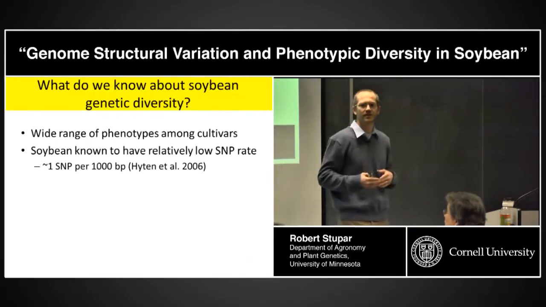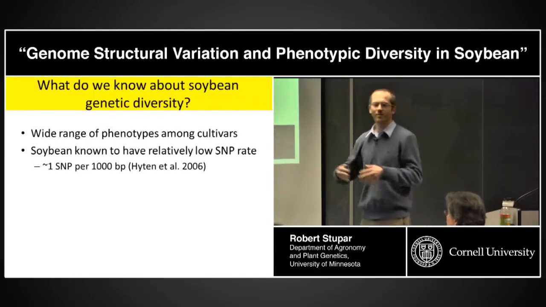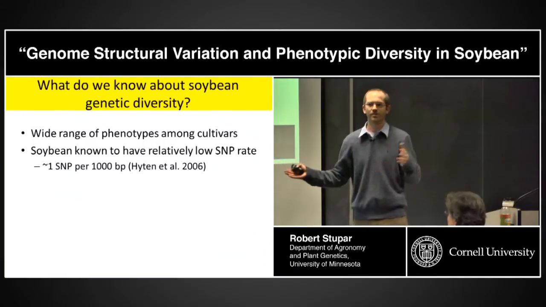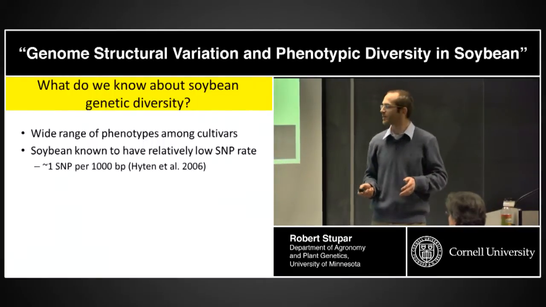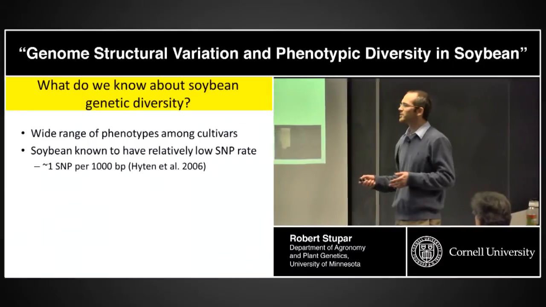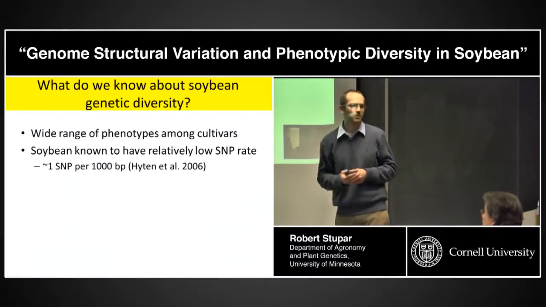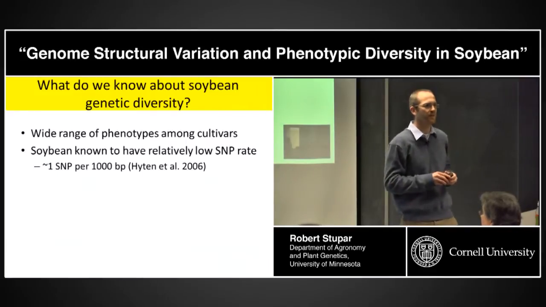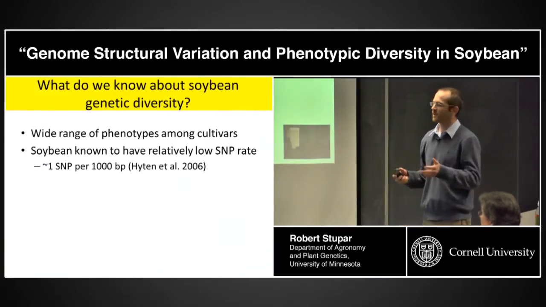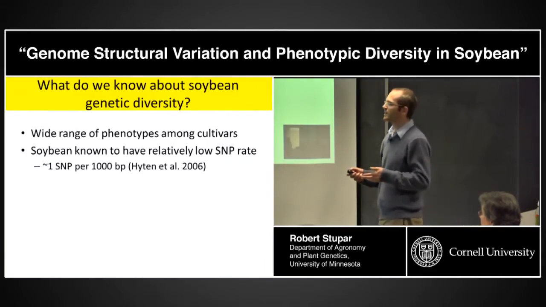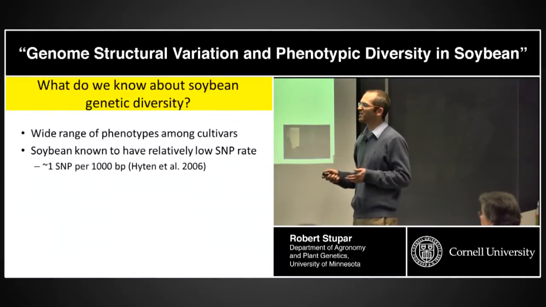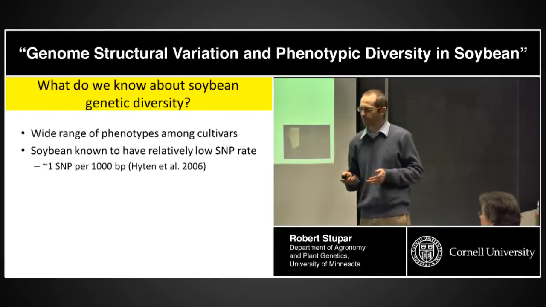There's maturity differences, and from the landrace through the modern elites, there's quite a bit of change that has occurred. However, from the molecular perspective, those who've studied this basically say it's a pretty bottlenecked germplasm. Our SNP rate is very low compared to something like maize. We get a SNP of maybe 1 per kb, something like that.